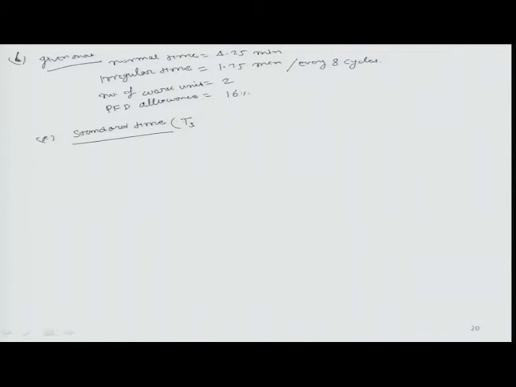We can denote it by T standard, and what will it be: the normal time, 4.25 minutes, plus the total irregular time, 1.75 minutes, which occurs every 8 cycles. So per cycle, 1.75 minutes is divided by 8. Okay. This is the total time, multiplied by 1 plus PFD allowance. That will be equal to 5.184 minutes per cycle.